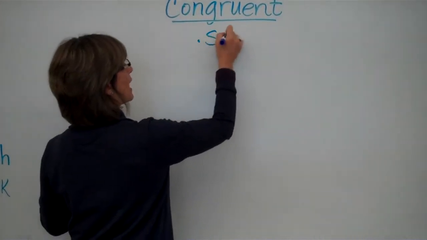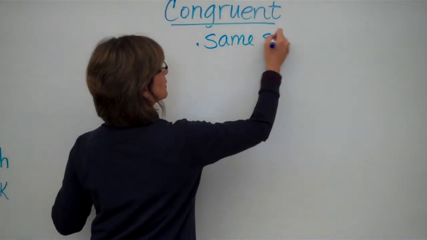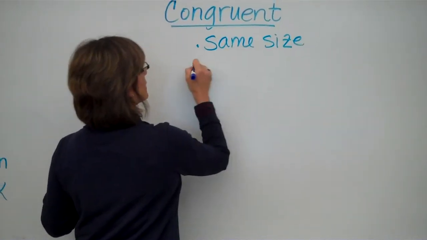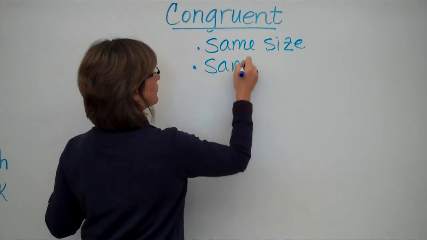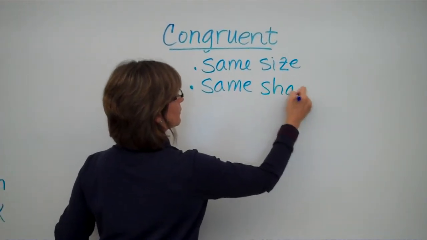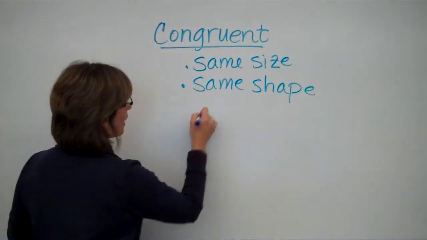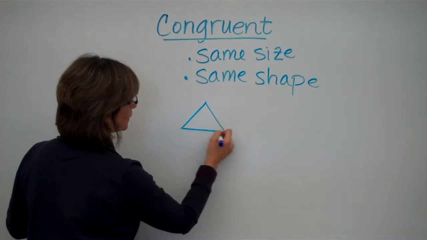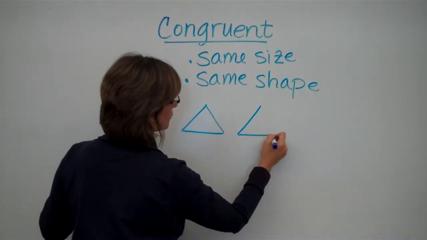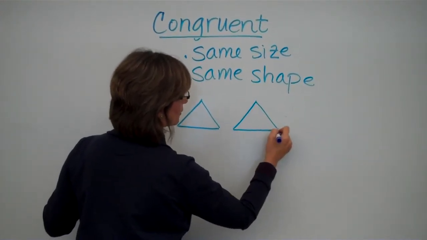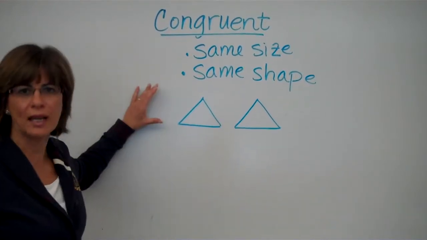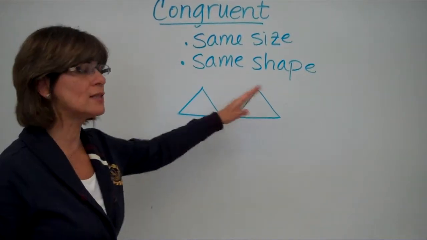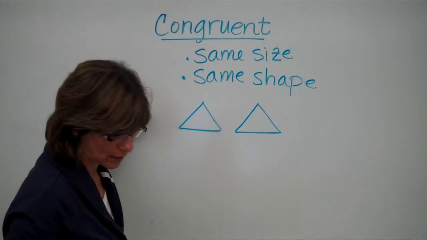So same size, same shape. So if I was going to draw 2 congruent polygons, I could draw 2 equilateral triangles, and I've done the best I can freehand, and tell you that these 2 are congruent or equal.